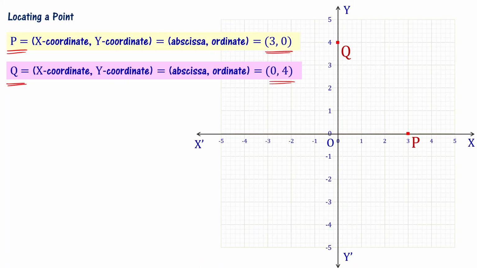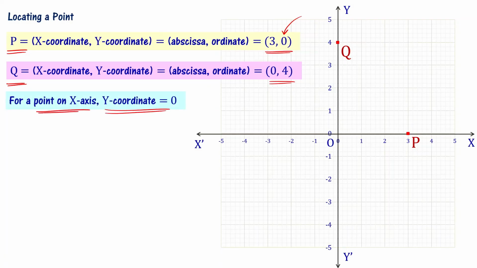If you observe, P is on the x-axis, right? When it is on the x-axis, its y value is 0. For a point on x axis, the y coordinate is 0. Please note this. This is important. And Q is on the y axis, right?